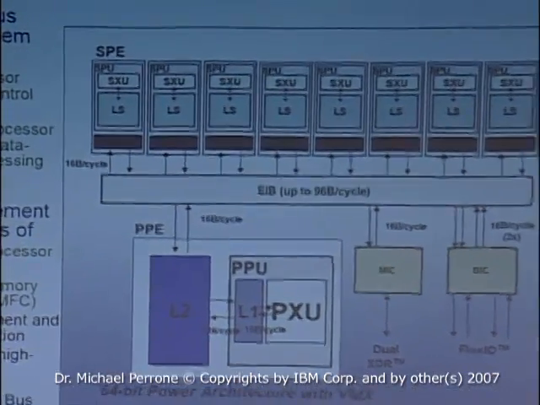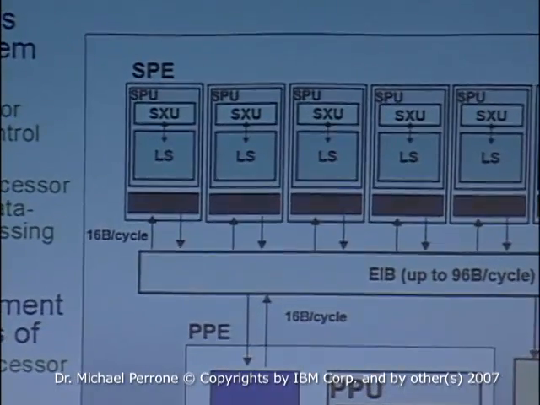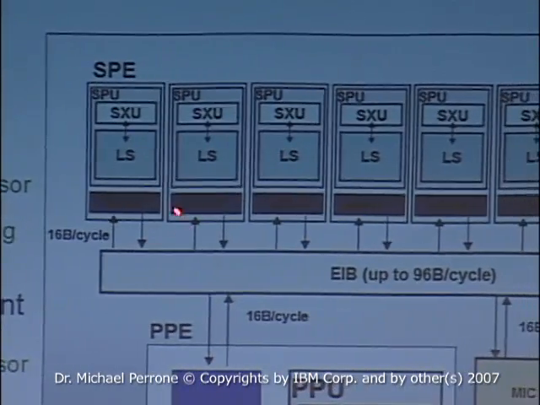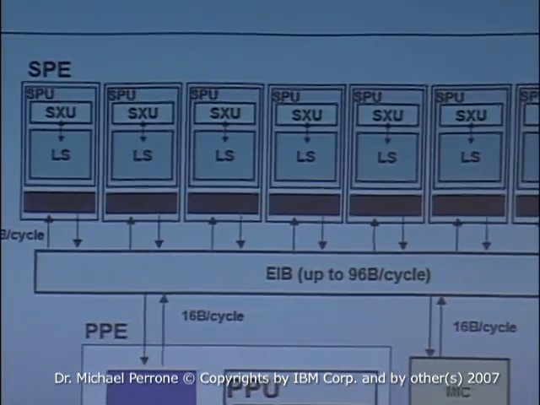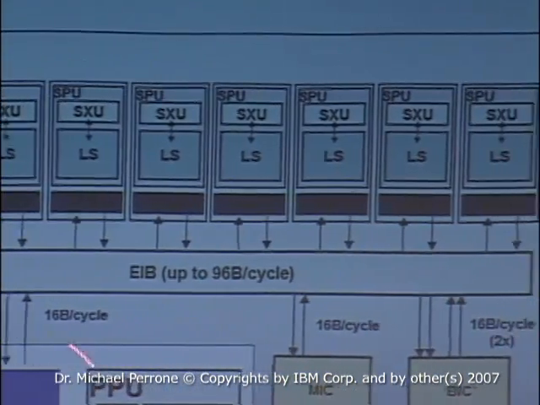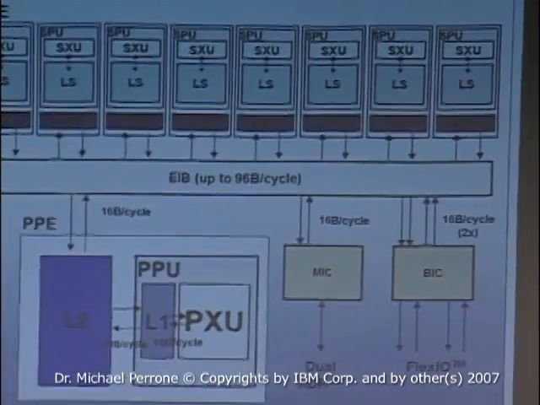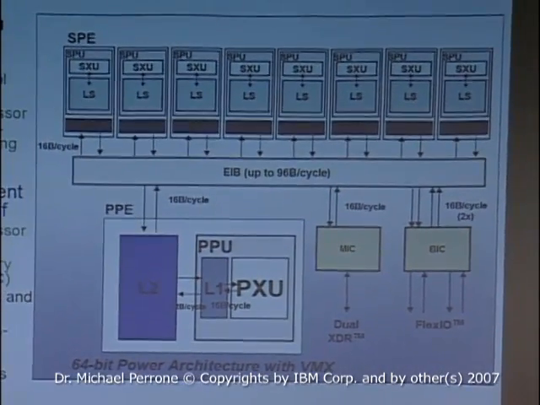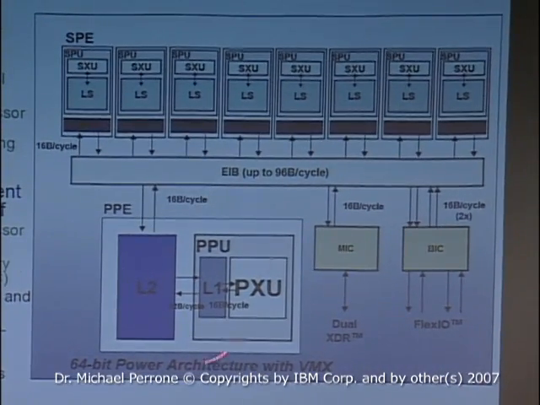So one of the interesting things about this is that each one of these is a full-fledged processor. It can access main memory independent of this PPE. So you can have 9 processes, or 10 if you're running 2 threads here, all going simultaneously, all independent of one another. And that allows for a tremendous amount of flexibility in the types of algorithms you can implement.